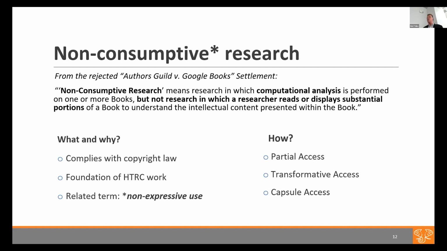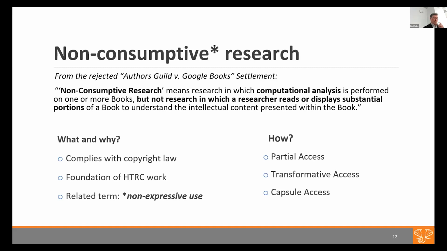And we do this through different mechanisms of access. We transform the data from copyright into non-copyright form, and I have an example of that. We have special computational services called data capsules, where people can run algorithms against the collection, and that is legal.